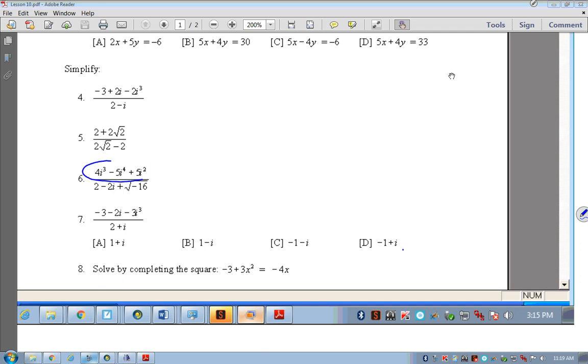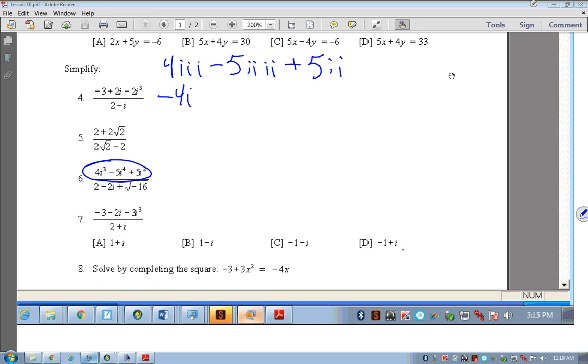The first thing we're going to do is try to simplify this numerator as much as we can. And what I have here, if I need to, I'm going to look at it like this. Because we've covered these i's before, but you may not directly remember. So anytime I've got two i's, that's a negative 1. So this would be negative 4i.